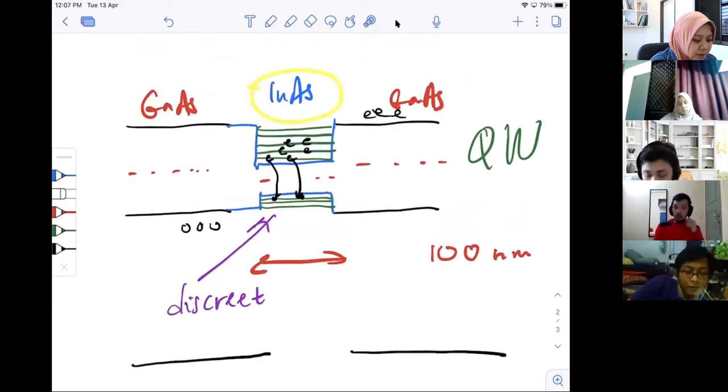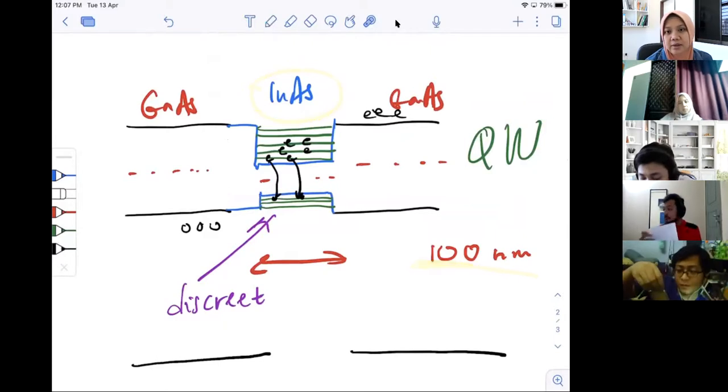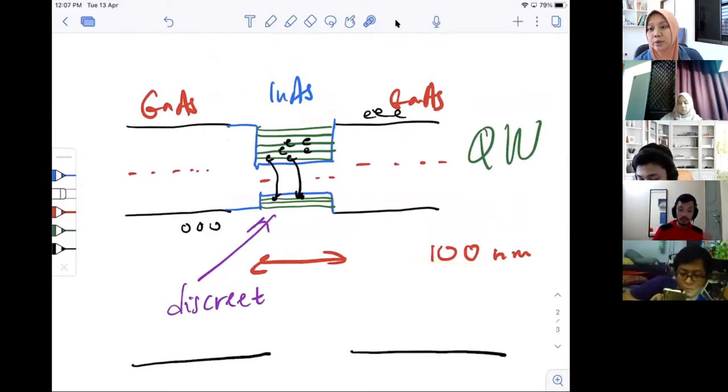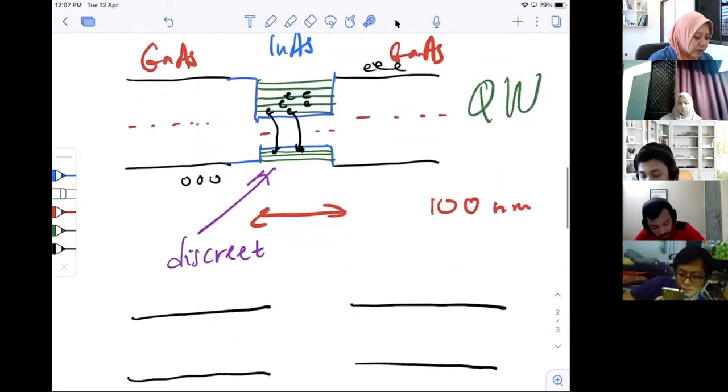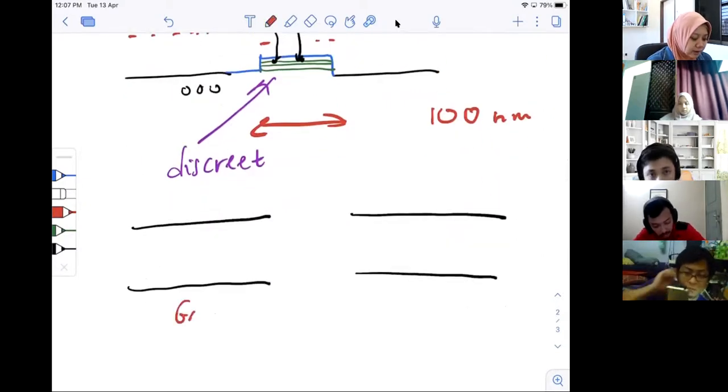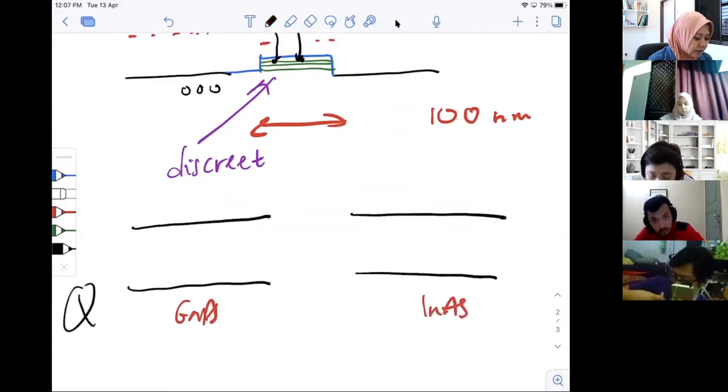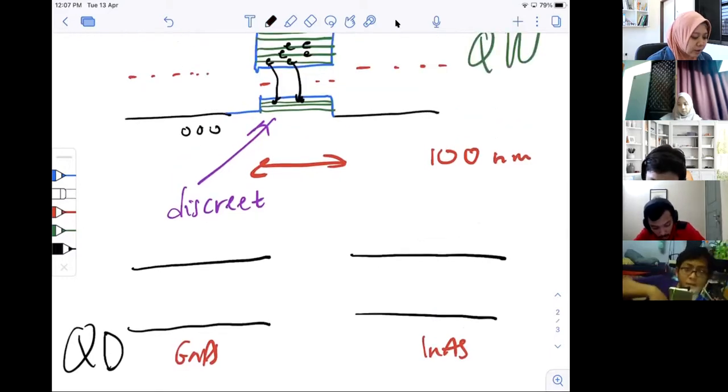This indium arsenide should be in terms of 100 nanometers in order for it to make into quantum well. So for quantum dot, let's say we use the same material, kita buat gallium arsenide the same, indium arsenide also the same. This is quantum dot. And then we also make indium arsenide in the middle, but the per dimension is very smaller sebenarnya.